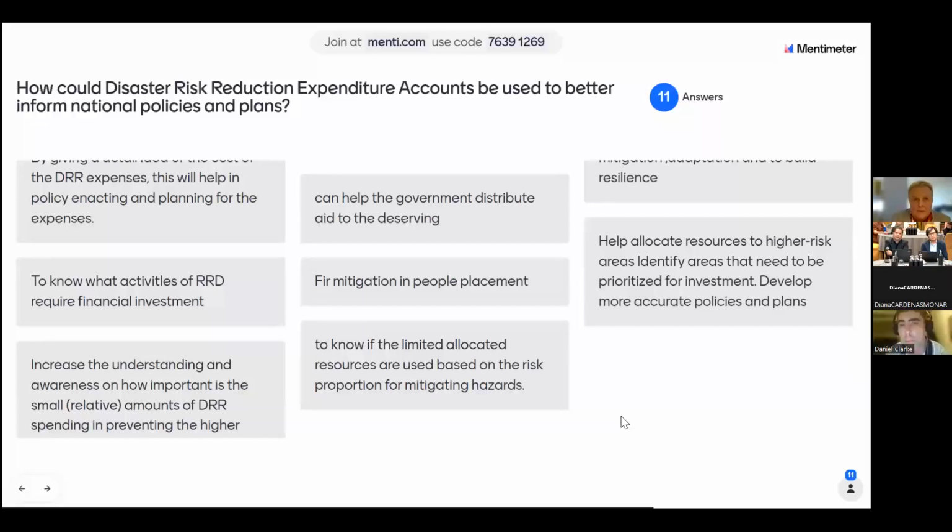And to build the case for DRR, because it's a common statement for champions in our area that it's a very good investment to invest in DRR, because it can reduce the extent of the transfers that are happening just after disaster. But we need to prove that.